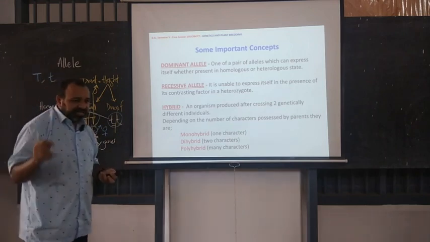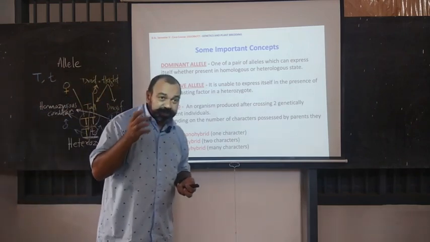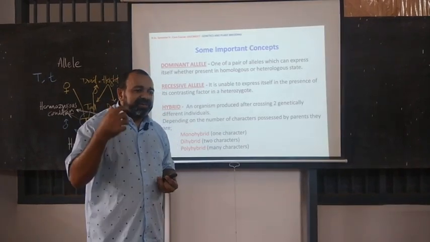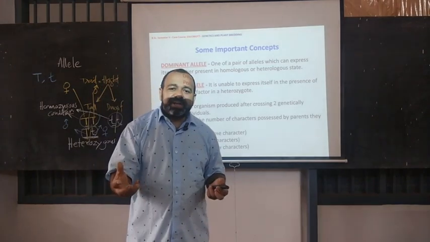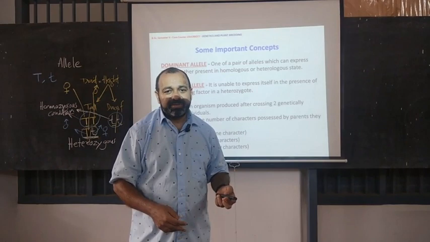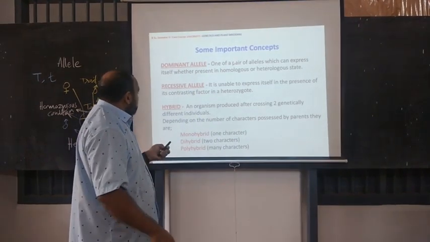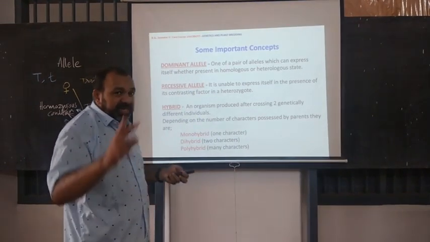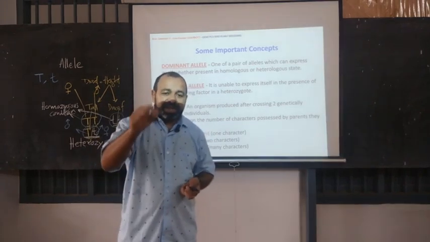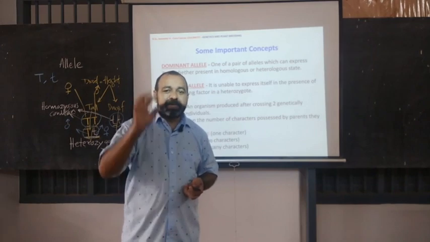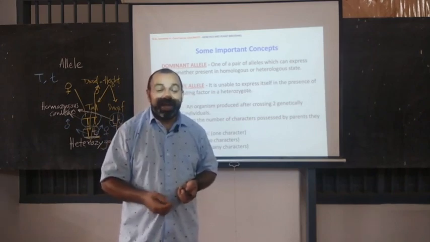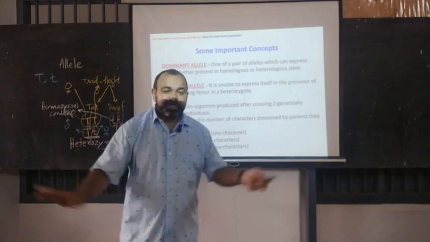These are the two alleles responsible for the character height of the plant. As I said earlier, height of the plant can be either tall or dwarf. One of the pair of alleles, capital T and small t, will be expressed in the hybrid in the next generation, and the other will be suppressed or masked.